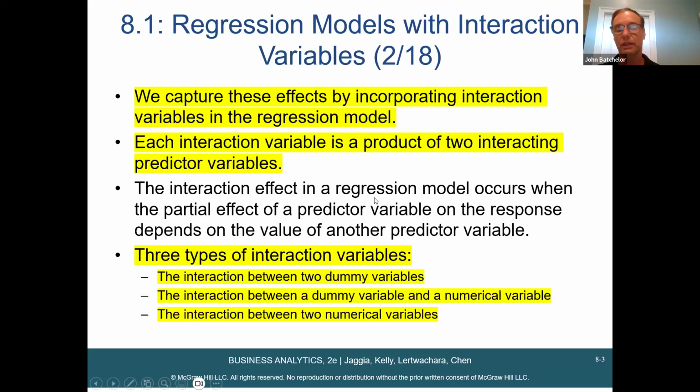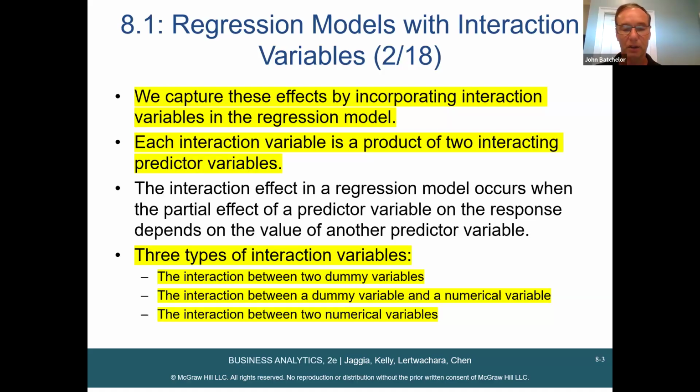And you can have three different types of these. You remember dummy variables, where we code things 0 and 1, like gender, where 1 is male and 0 is female or something like that. That's a dummy variable because you can't put words in there, you've got to put numbers. So you can multiply two dummy variables together. That's one way of doing it. You can multiply a dummy variable and a numeric variable together, like gender times square footage.